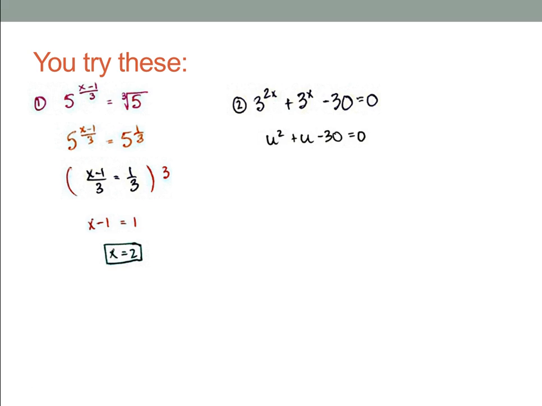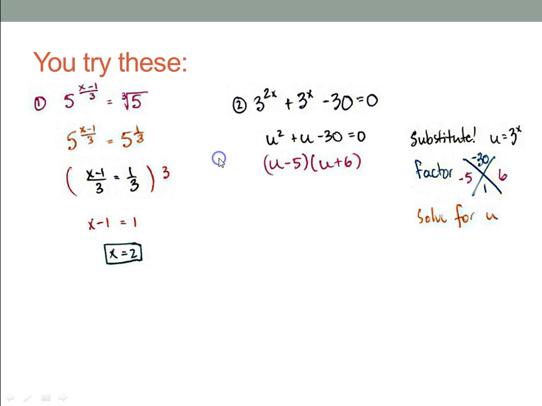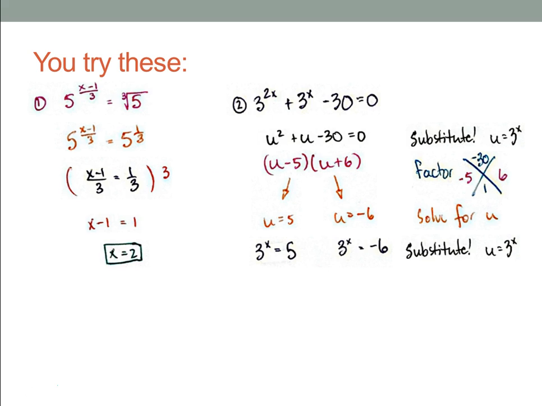Now that you're back, we substituted u is equal to 3 to the x, which means u squared is equal to 3 to the 2x. Yes, that means you can factor, solve for u, and then reverse substitute back in to get u is equal to 3 to the x, and then we have 3 to the x is equal to 5, and 3 to the x is equal to negative 6.